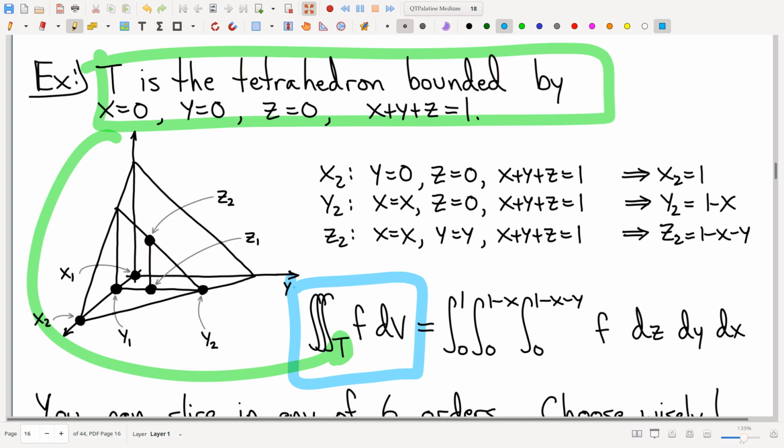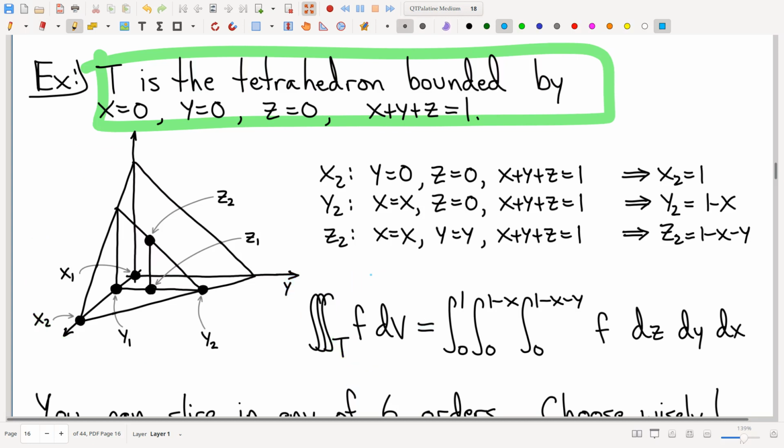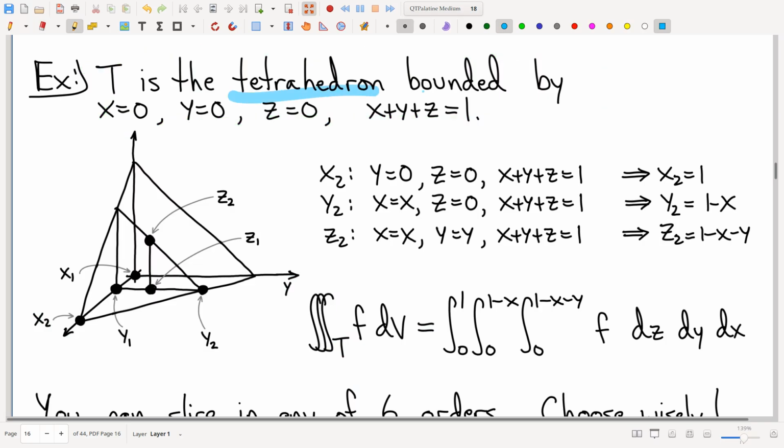All righty. So I claim that this is a tetrahedron. This is a good little geometry problem. You can persuade yourself, for example, that x equals 0 is this plane back here, and likewise for these other coordinate planes, and then this is this plane like that, and all together we get this tetrahedron that I have drawn. I hope that geometrically makes sense.